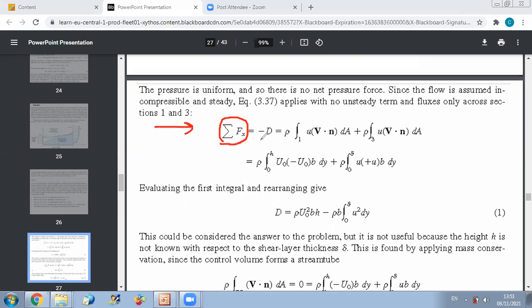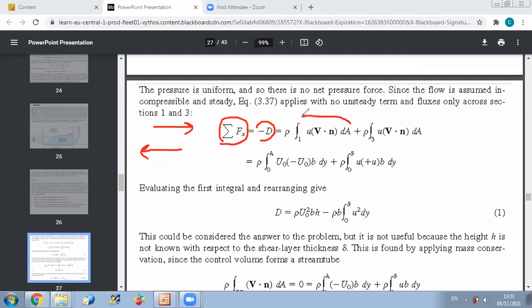This will give us minus D, because the drag force applied on the fluid is to the left, equals the linear momentum fluxes on inlet and outlet, okay? Now, why will we first write the form in a general integral way? Because as I told you, the inlet is uniform, but the outlet is not. So let us start by writing the general relation.